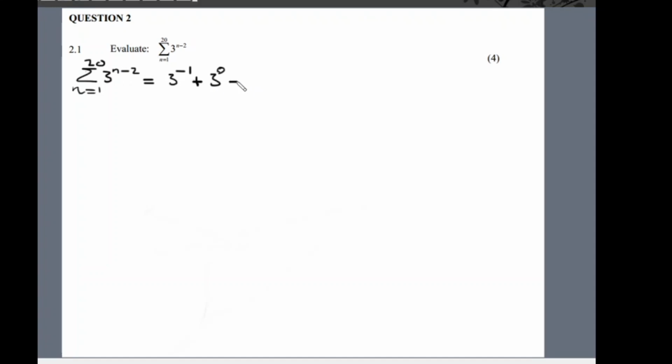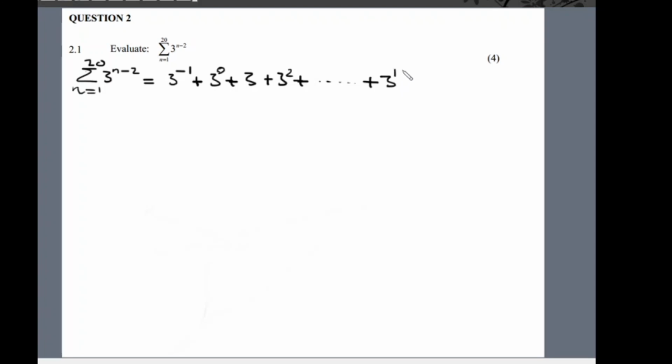When n equals 3 we get 3 to the power 3 minus 2, which is 3 to the power 1, so it's just 3. When n equals 4 we get 3 to the power 4 minus 2, which is 3 squared. We do this all the way to n equals 20, where we get 3 to the power 20 minus 2, so it's 3 to the power 18.